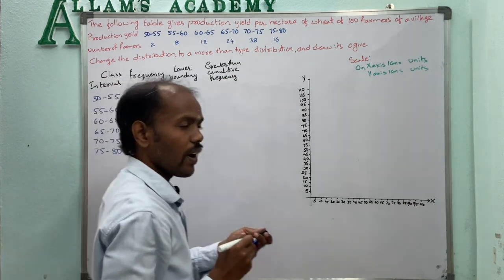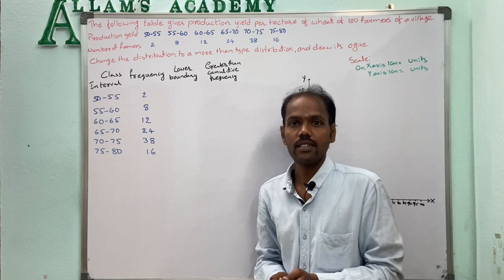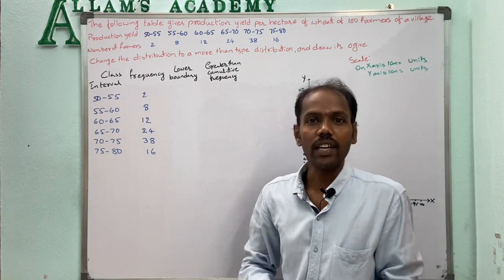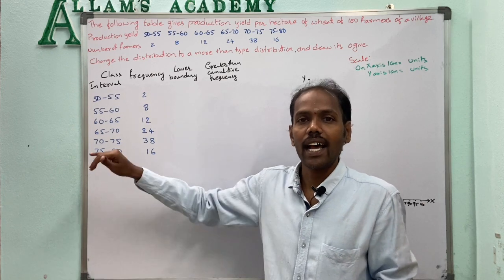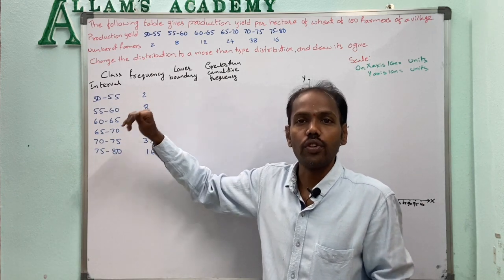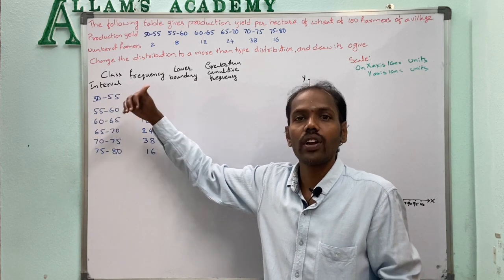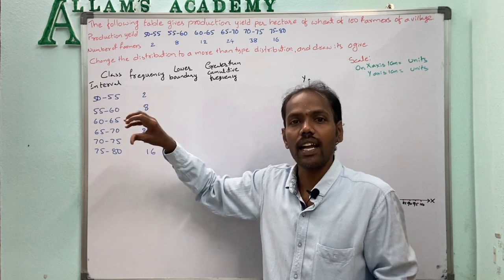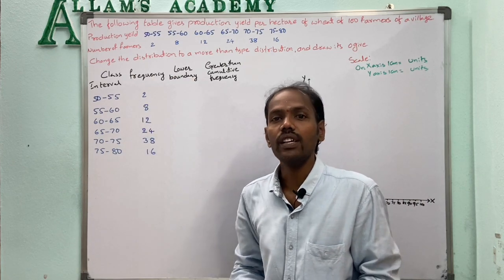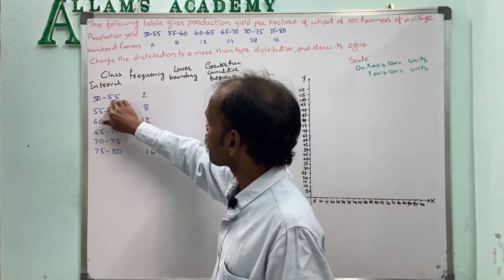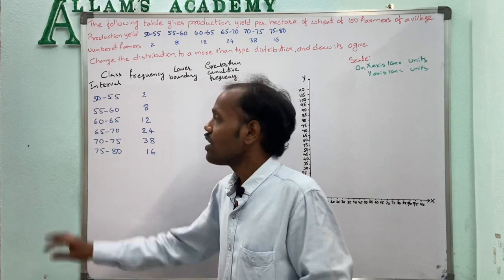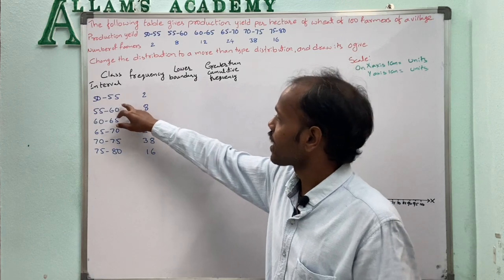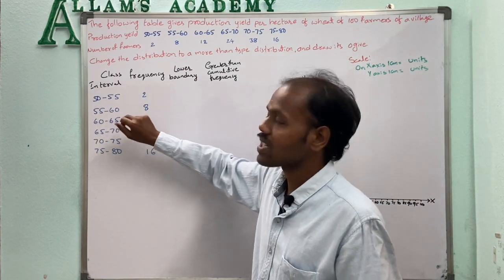So first, finding lower boundaries. The lower boundary of a given interval is the average of that class interval's lower limit and the previous class interval's upper limit. Here the first class interval is 50 to 55, and there is no class interval before it, so leave that one and observe the next, 55 to 60.